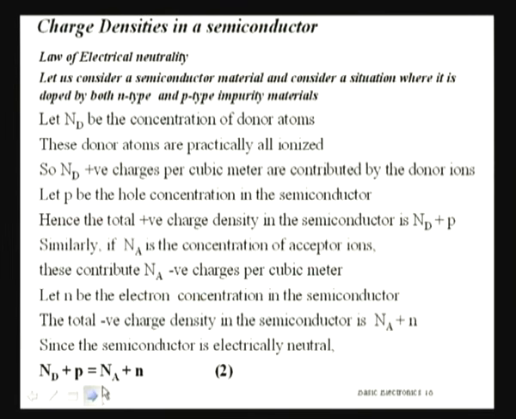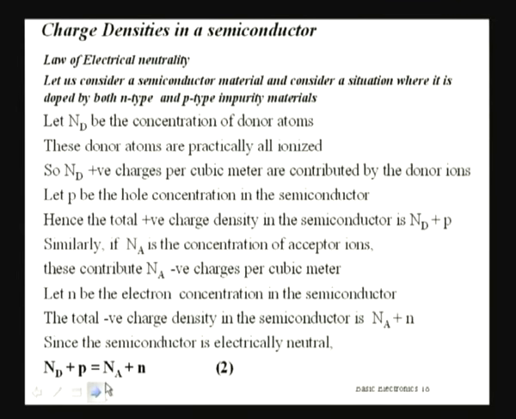Now let us consider the charge densities in a semiconductor. Before that, we must know the law of electrical neutrality, which is also satisfied in the semiconductor. Let us consider a semiconductor material doped by both n-type and p-type impurities, and let Nd be the concentration of donor atoms.